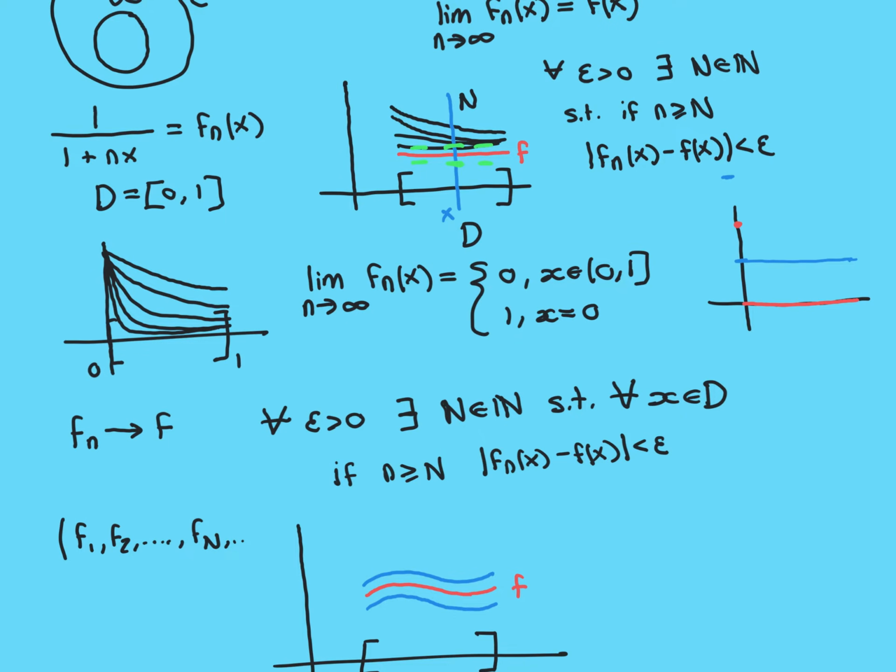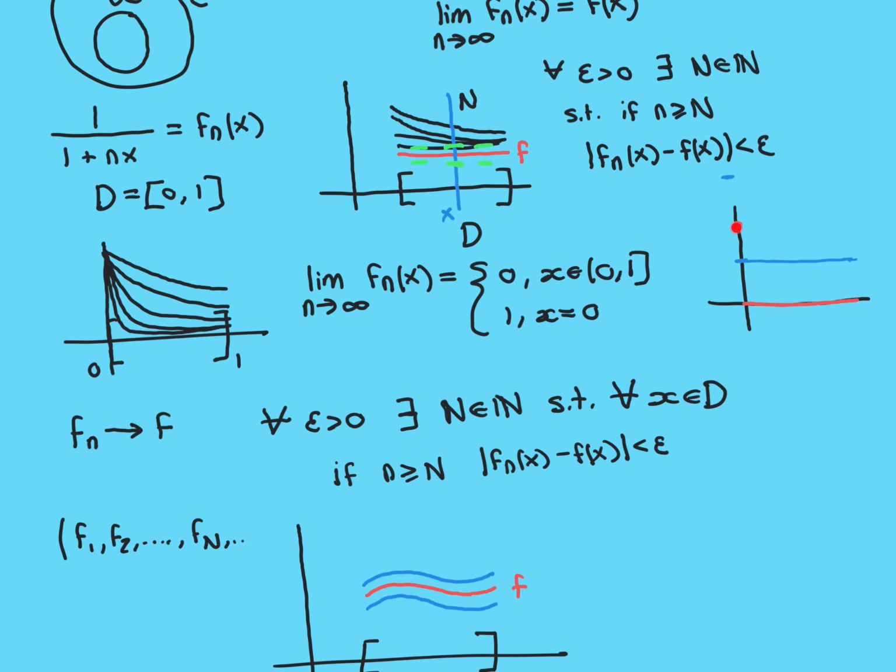And intuitively, the reason that this isn't going to hold true is that if I take any one of these functions, there's always going to be a little bit that's close to 0 that isn't in this tube around the limit here, because as soon as you go forward from 0 to anything that's greater than 0, instantly the function now has to be in this part of the tube here.